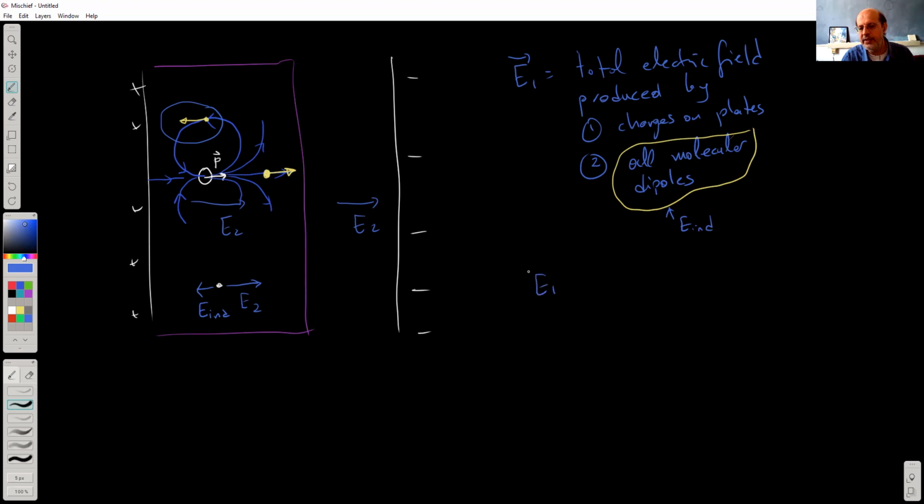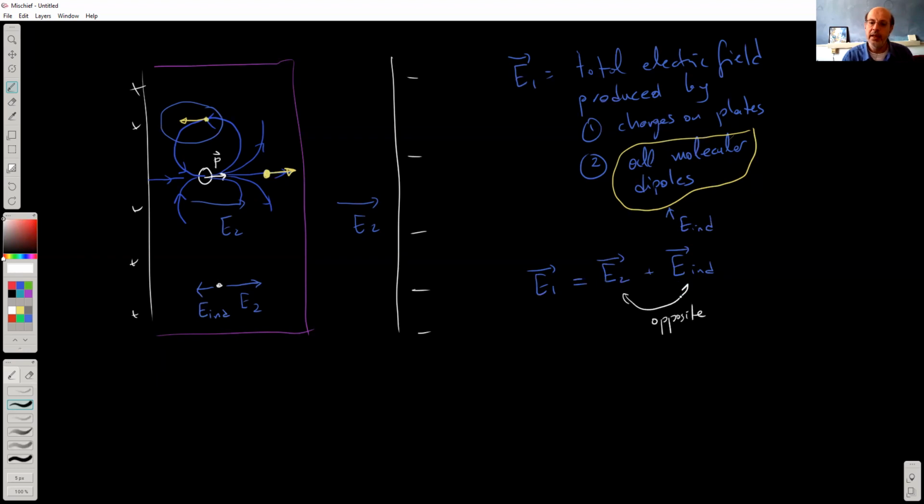So the electric field E1 is equal to the electric field produced by the charges on the plates plus the electric field produced by all the molecules. These two are opposite to each other. So the induced electric field is opposite to the applied electric field.